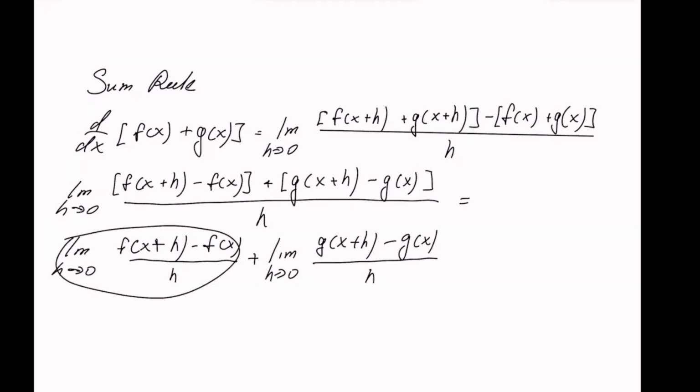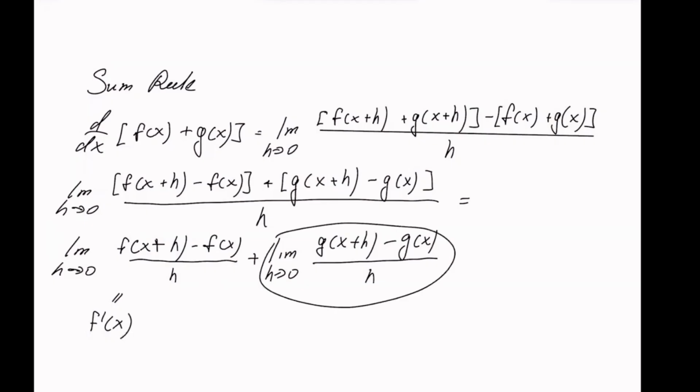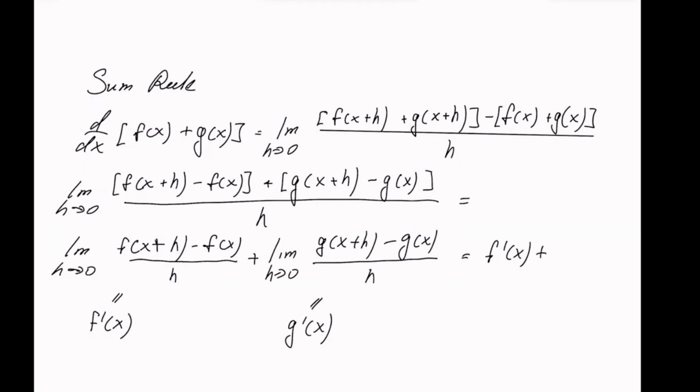This is exactly the definition of the derivative of f of x, and this is exactly the definition of the derivative of g of x. So we can write it as f prime of x plus g prime of x. This gives us the sum rule.